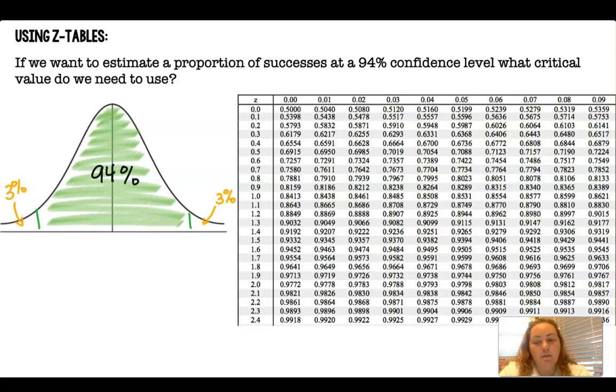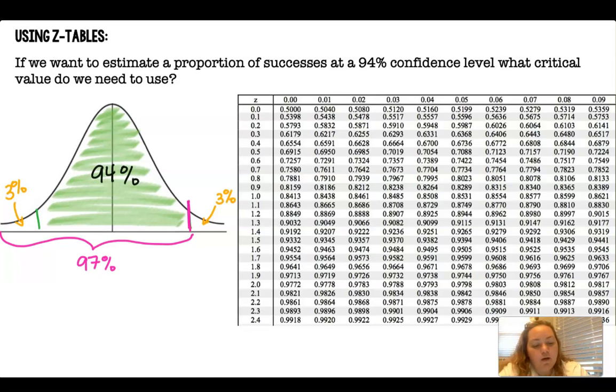Well, that leaves me with 3% on either side, because it's out of 100%, so 100 minus 94 divided by 2, because I have some on both sides, gives me 3%. So I'm really looking at 97%, because when you're using the table or the calculator, you're always doing the value at or below that point.